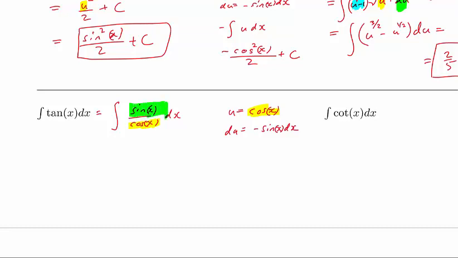So we're trying to match up sine x dx. We got a little negative sign there. Not a problem for us. Just move that negative over. We got it. And so we're going to rewrite this as the integral of du divided by u.